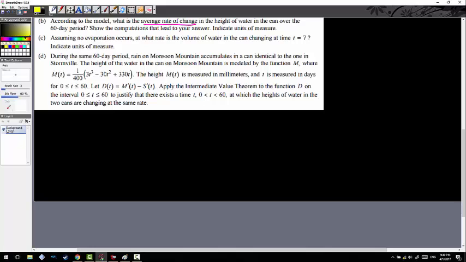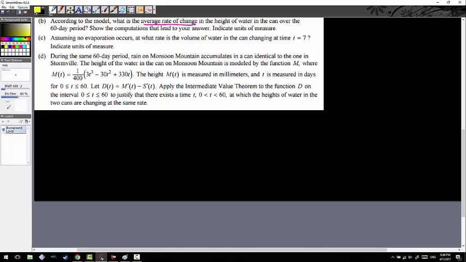And it says, apply the intermediate value theorem to function d to justify that there exists a time at which the heights of the water in the two cans are changing at the same rate. These are often the questions where realistically you could just answer in a couple words and say, okay, yes, they do. But unfortunately they're asking you to justify.